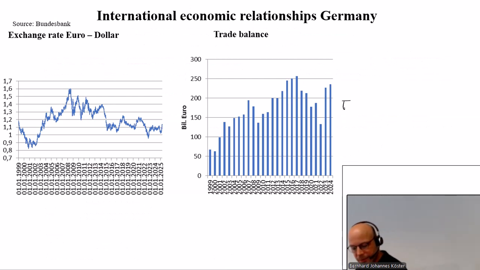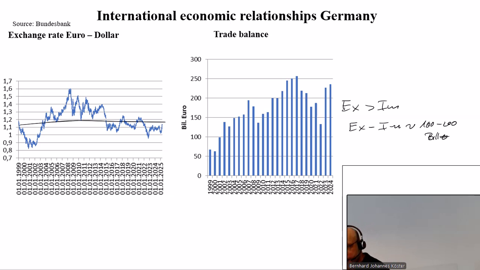Well, you see exports are much larger than imports over a time period of 25 years. So X minus M was on average roughly 100 to 200 billion euros.